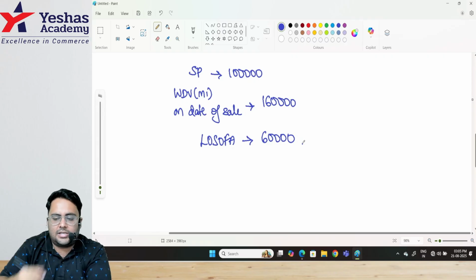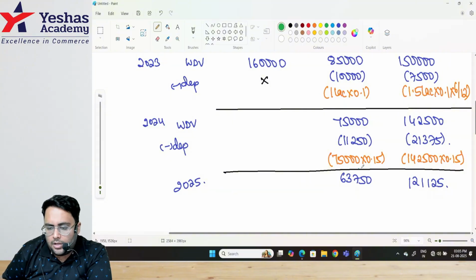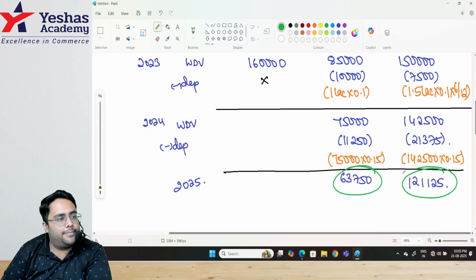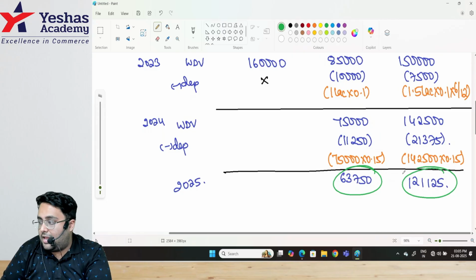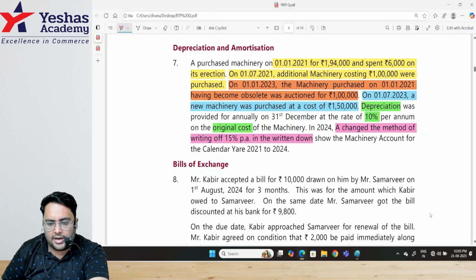Yes, sir. Let us just check what should be the closing balance of the ledger. 63,750 plus 1,21,125 in the year 25 opening balance or 24 closing. Kitna? 1,84,875. Let us check if our calculations are right.